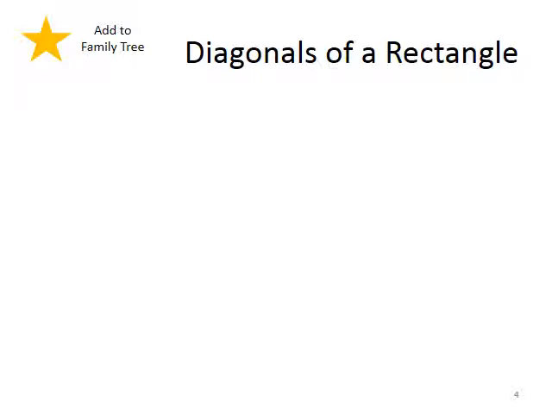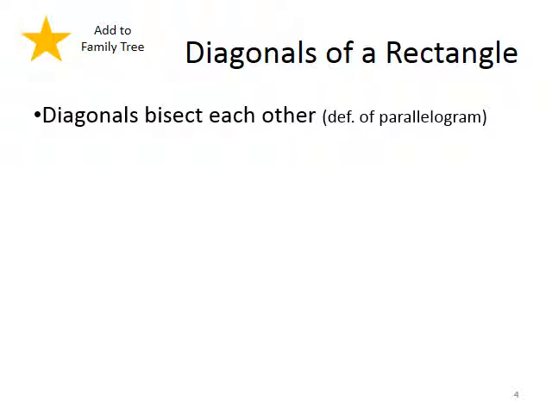Another thing that is specific to rectangles is their diagonals. Since a rectangle is a parallelogram, we automatically know that its diagonals are going to bisect each other. That's true of parallelograms, so it's also true of rectangles because they're a subcategory of parallelograms.